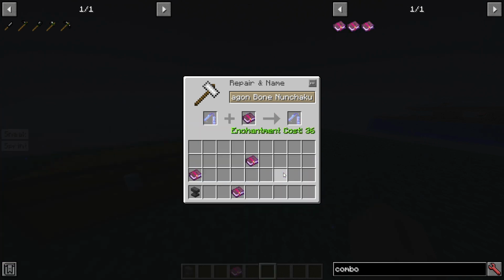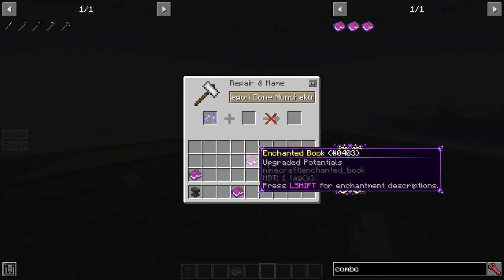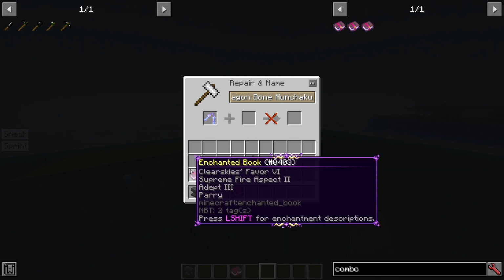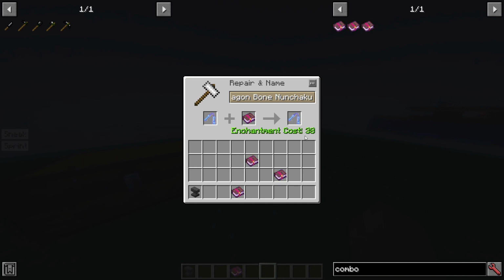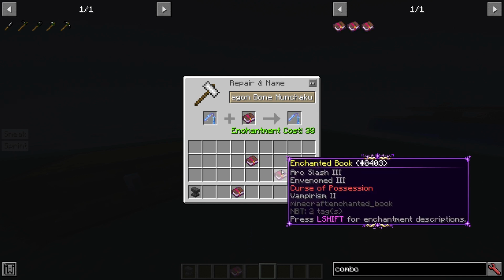And if we put this on, 36 levels, and if we put this on, 34 levels. If we put on upgrade potentials now, then it costs us 10 levels, and this is going to cost 7 levels less. So 31 levels. We could argue that 38 is still okay. But the next thing is going to cost more.